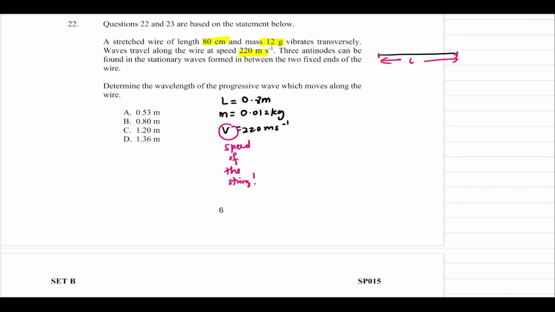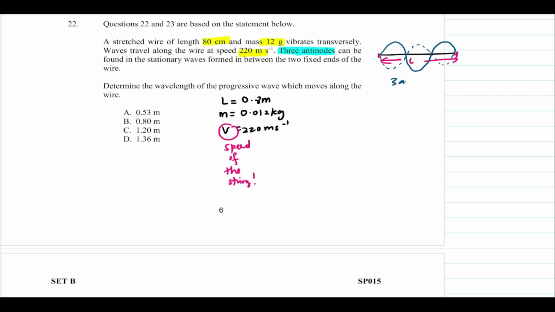Okay. So soalan kata 3 antinodes can be found in the stationary wave. Perkataan 3 antinodes ni membuatkan kita untuk guide kita untuk lukis. Okay, macam tu.